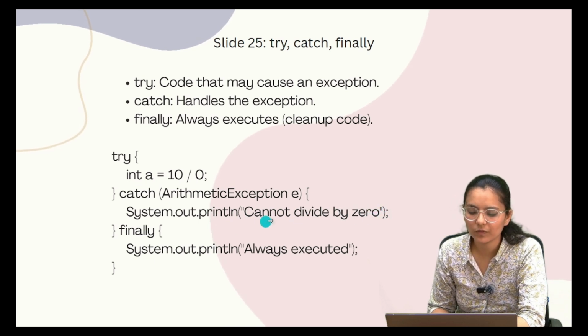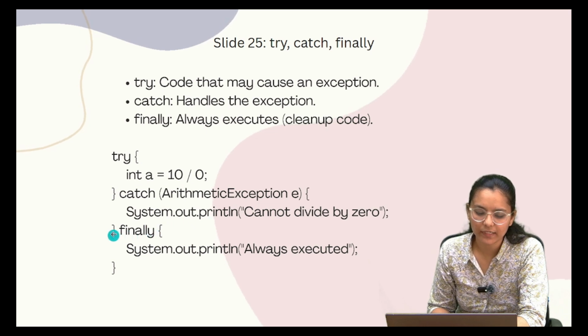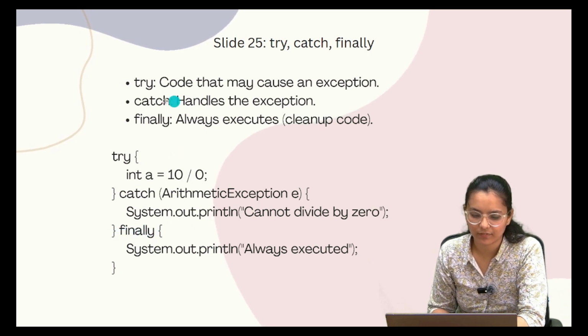So the output will be: cannot be divided by 0, because 10 divided by 0 is an arithmetic exception. And finally always executes, which means clean-up code.